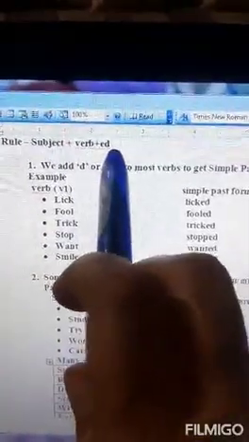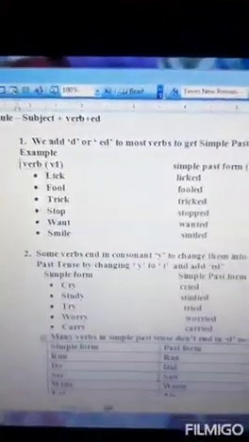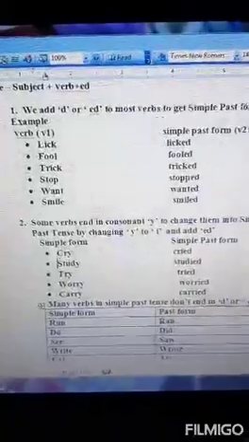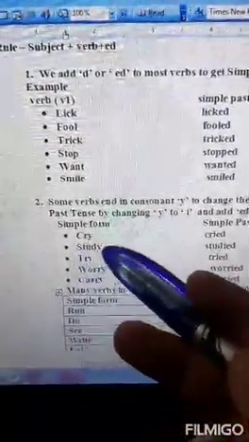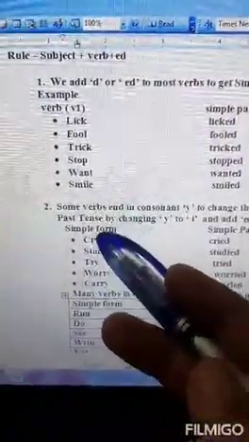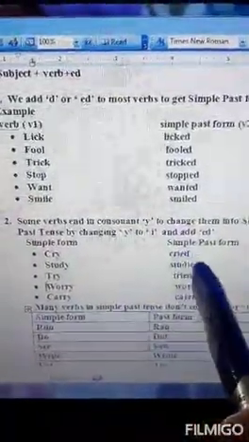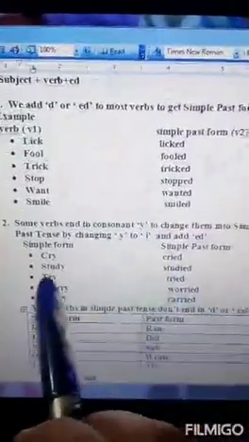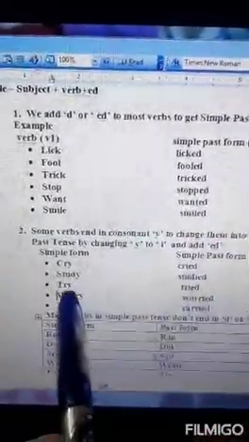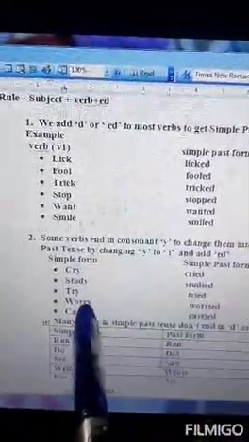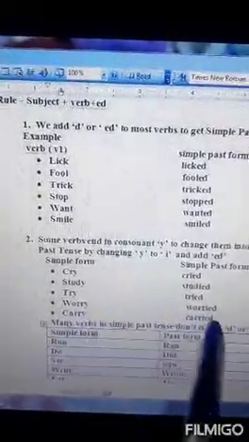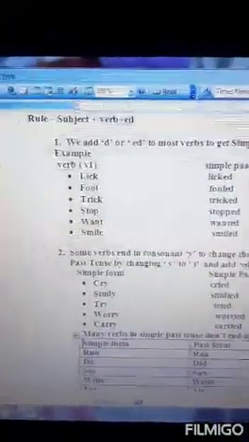Subject plus verb plus ed form. Like cry, here y is there, so we remove this y and add i in place of y, and with that we add ed. Study, studied. Try, tried. Worry, worried. Carry, carried.